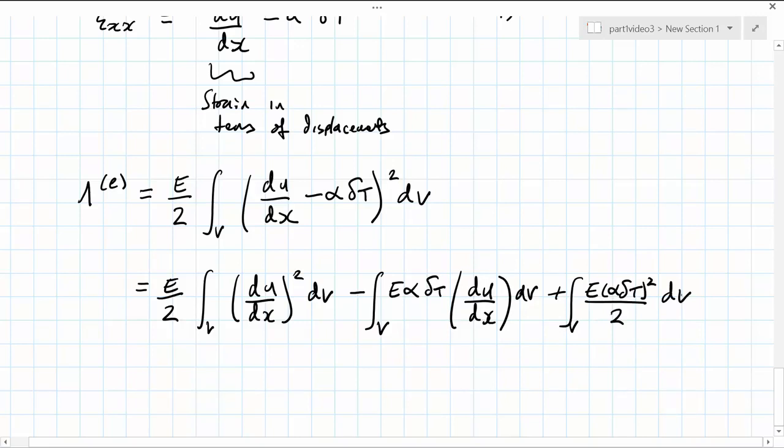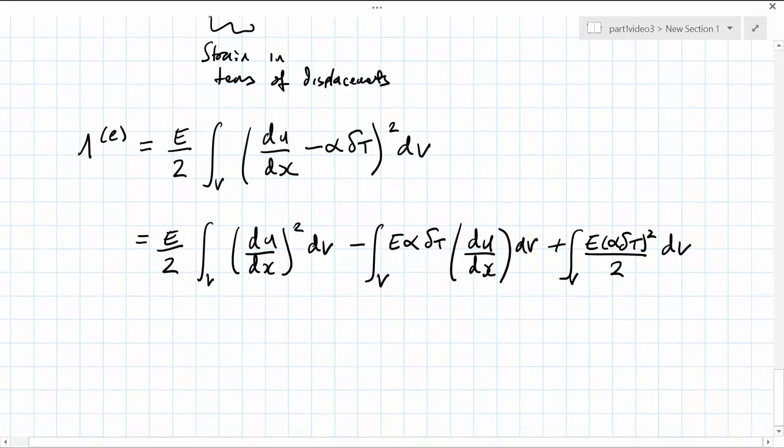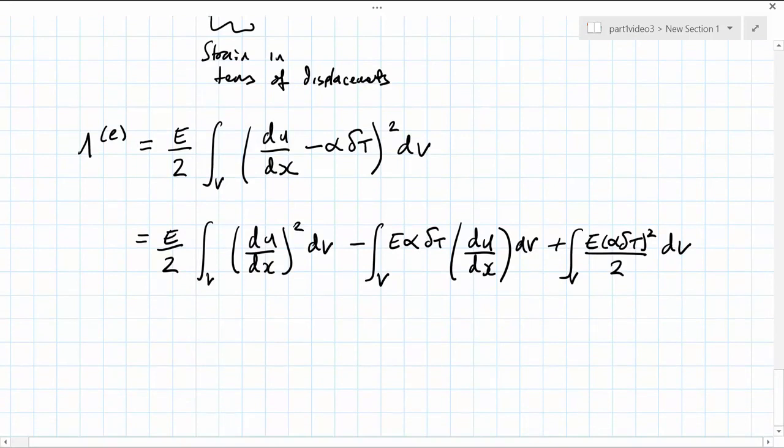We note that the elemental volume, dV, can be expressed as the product of an incremental area and an incremental length. That is to say that dV is equal to dA, the incremental area, times dx, the incremental length.